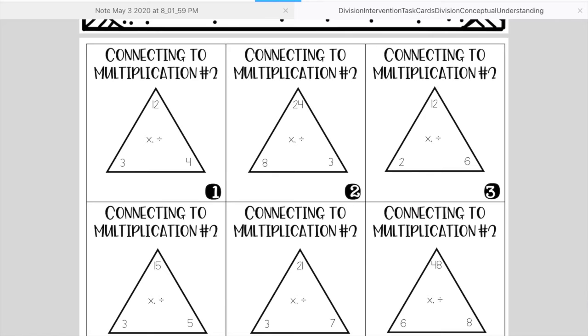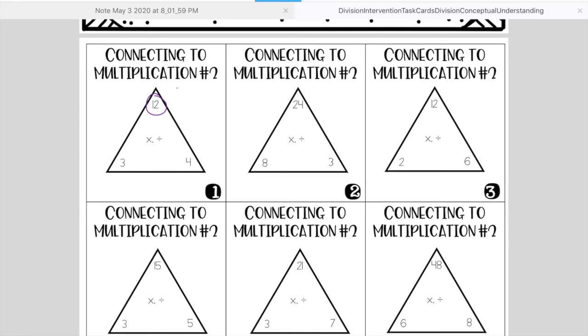You can also connect division to multiplication with these fact family triangles. That's what these are called, where if you're talking about division, you have the dividend and then the potential divisors and quotients. So this time we will write 4 different equations.